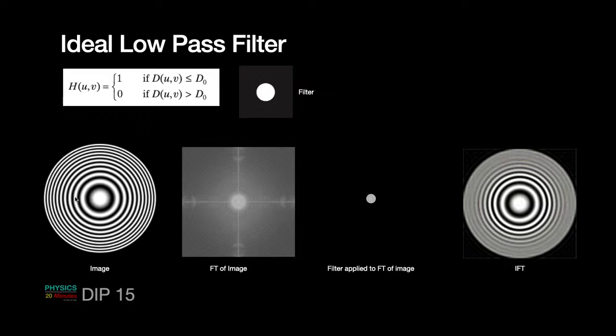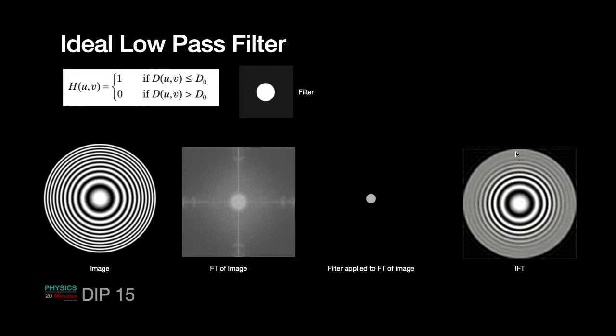So you can see you took your image in the image domain, applied the Fourier transform, you applied the DFT to get the Fourier transform, applied the filter, and then finally you take the inverse Fourier transform. Since this is a low pass filter, you got some rings, low frequency objects retained in the final image.